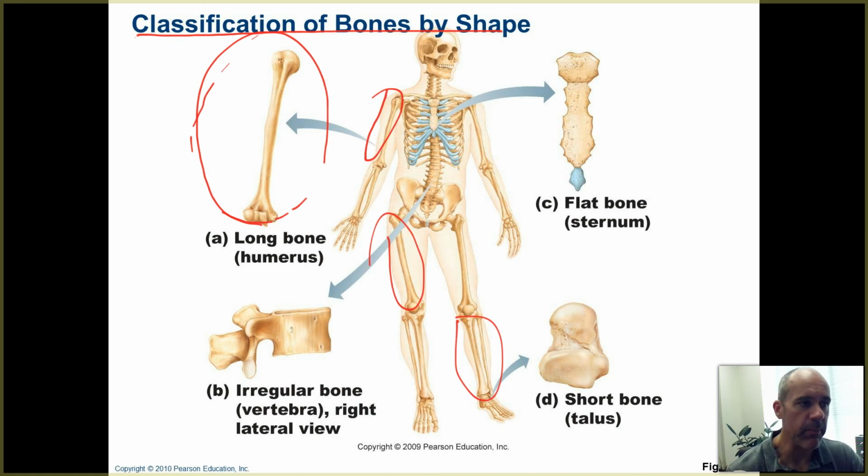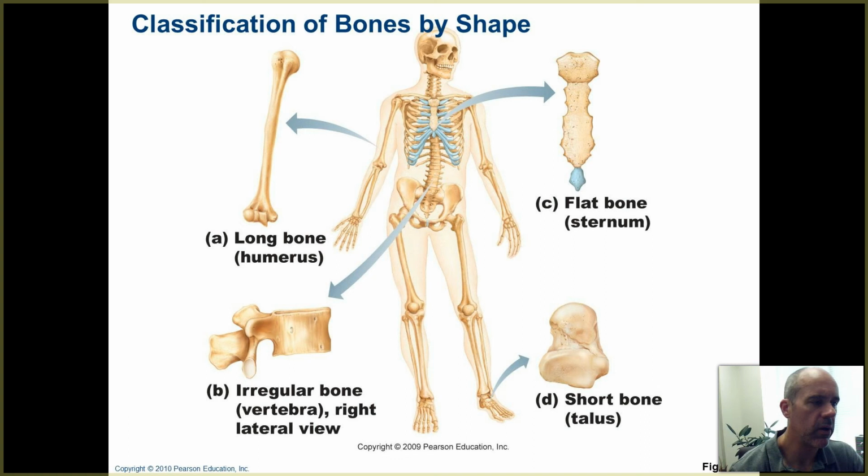Now, they don't have to be big bones, so even the bones of your fingers and your hands are technically long bones as well, because they're longer than they are wide. All right, and so your long bones account for many of the bones in the skeletal system.